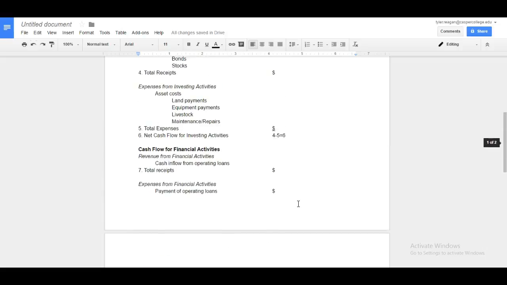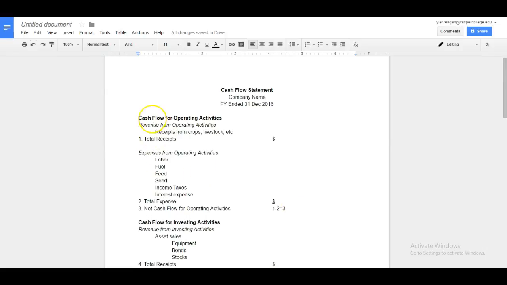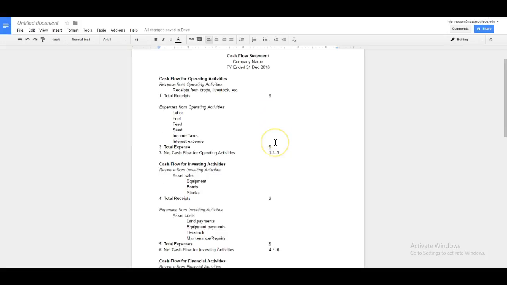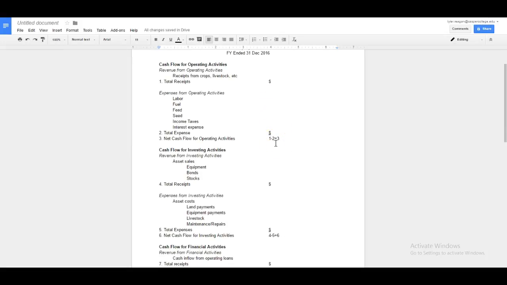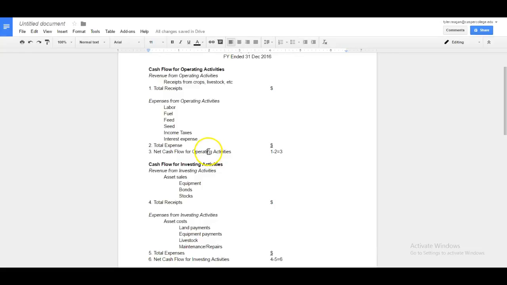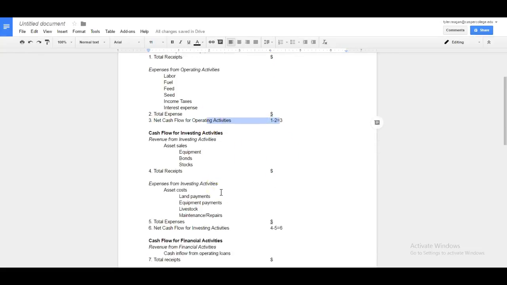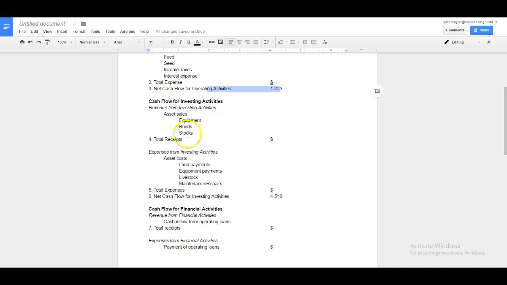So let's say, for example, we hope that the cash flow from operating activities is going to be positive. So let's say that line 3 right here is $100,000. Well, say that we invested a lot into this business and really didn't sell many of our investments, so we have a net cash flow of, say, negative $50,000 right here. Say we sold $50,000 worth of assets, but we bought $100,000.